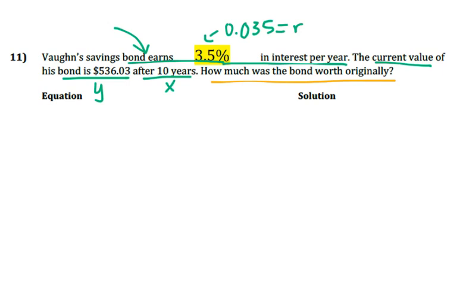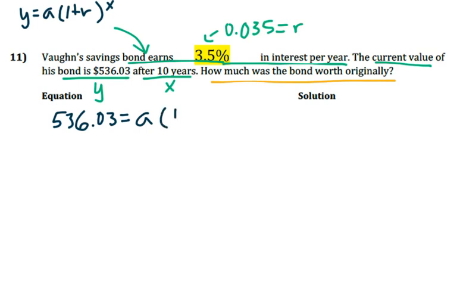The exponential growth form is y equals a times 1 plus r to the xth power. Just substituting in these values, we would get $536.03 is equal to a times 1.035. I'm just adding those two numbers, r and 1, and raising it to the 10th power.